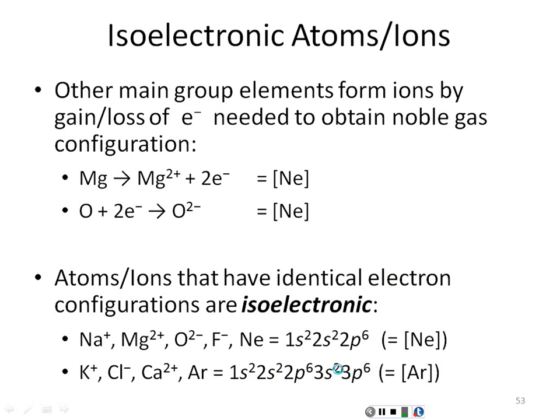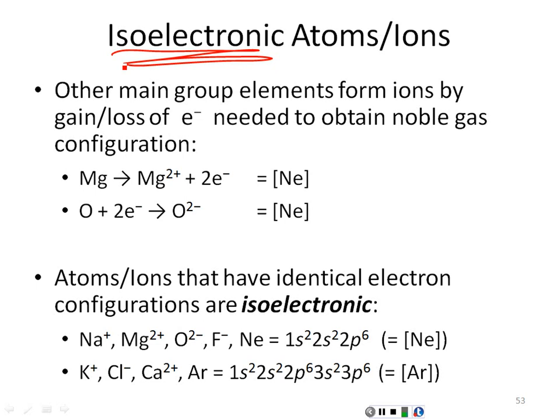When we talk about two different elements that have the same electron configuration because one or both of them become ions, that is what's known as being isoelectronic. So isoelectronic means it has the same electron configuration.